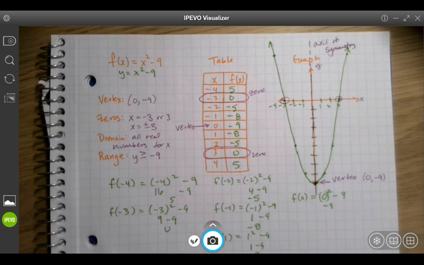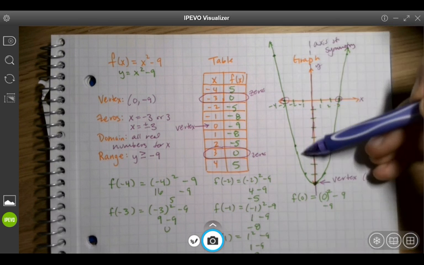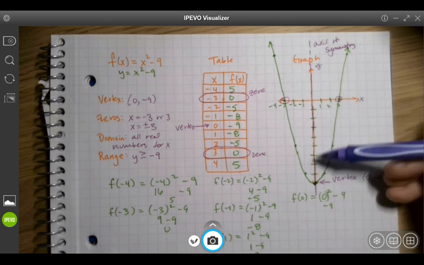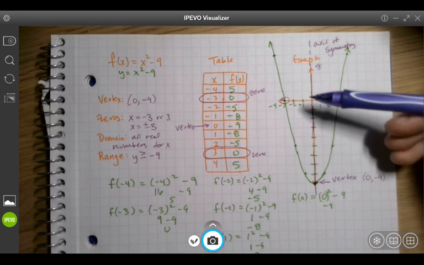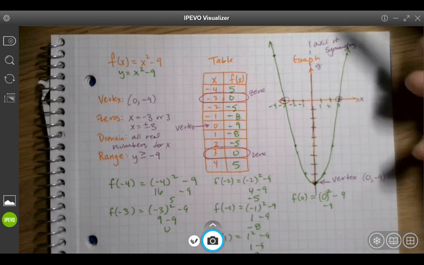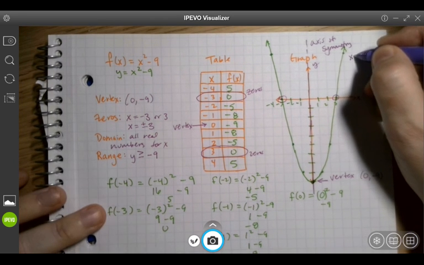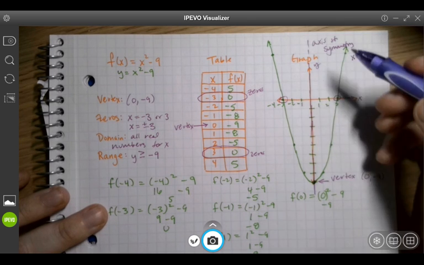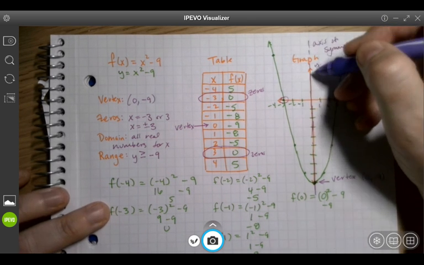All that means is that the shape of this side of the parabola is symmetrical to the shape of this side of the parabola. If we folded this paper along this axis of symmetry, and the name of this axis of symmetry is x = 0, that's the line here.